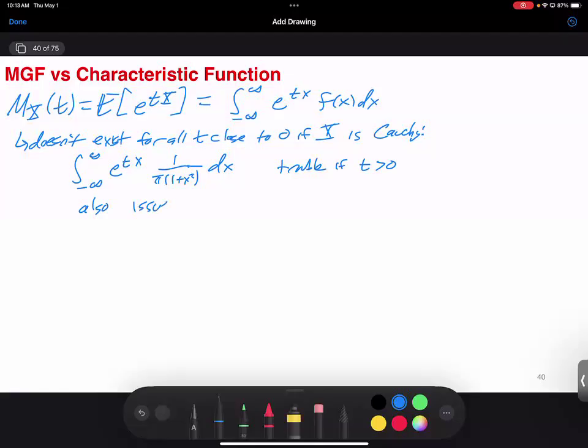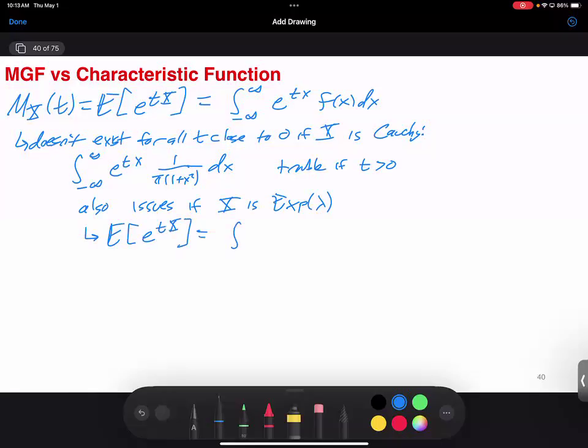Also issues if x is exponential with some parameter lambda. Because if x is exponential with some parameter lambda, then you'll be okay if t is negative. Or will we be okay? We might be okay. So if we do that, we would have the expected value of e to the tx.